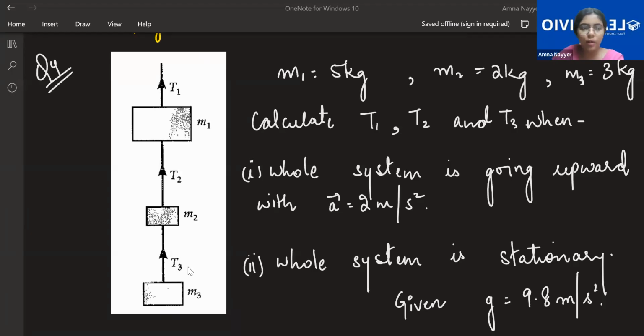Or at least tell me the value of T3. The T3 tension we have to find out. I'll discuss T2 and T1.